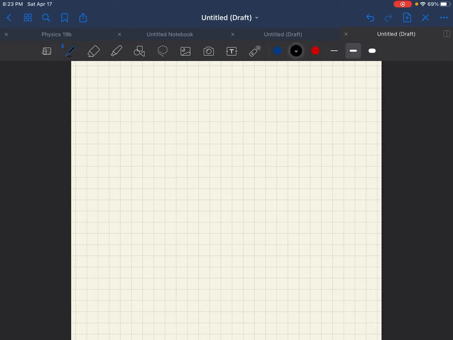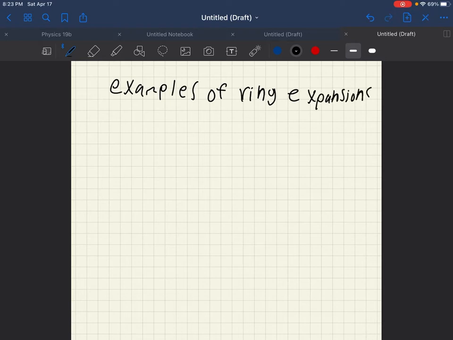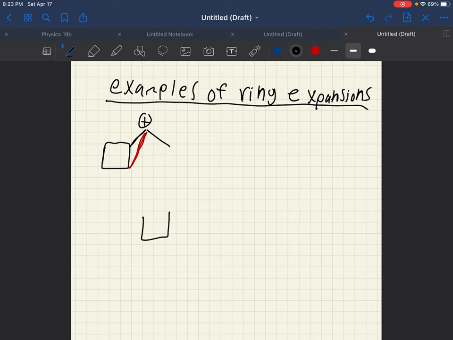So the first example we're going to go over, write this out real quick. Is if we have a compound that looks like this, we can have a ring expansion occur, which would then make it look like this.